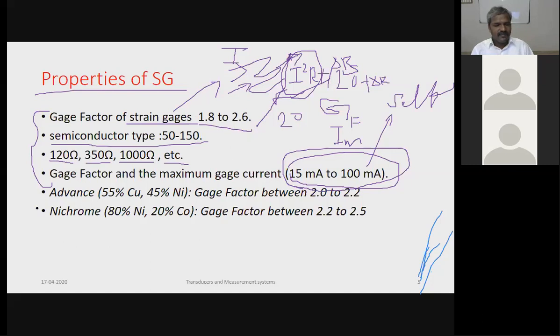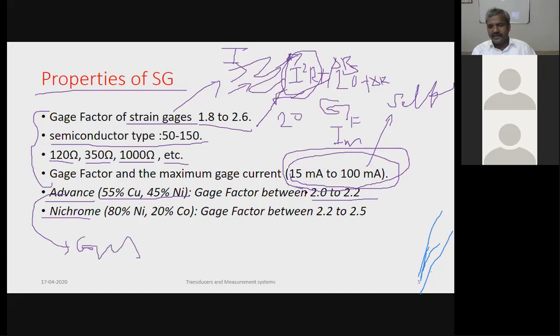The famous strain gauges are made up of advance alloy and nichrome. Mixing two metals together is called an alloy. Advance is also called constantan.